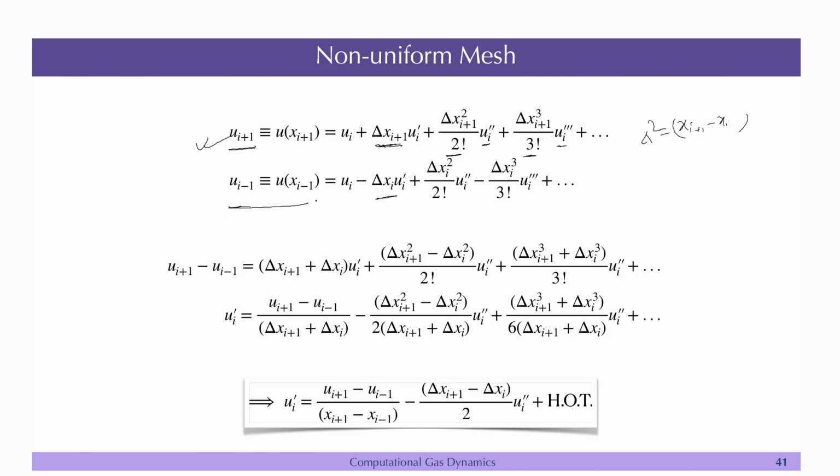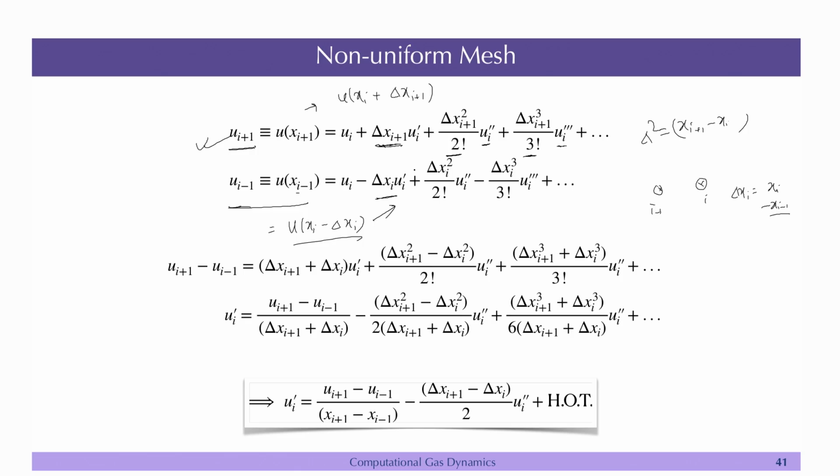Similarly, do u i minus 1. Now the difference is x i minus 1 minus x i, so you can write it as u of x i minus delta x i, correct, and that is how you are doing the Taylor expansion. This was u of x i plus delta x i plus 1, correct.